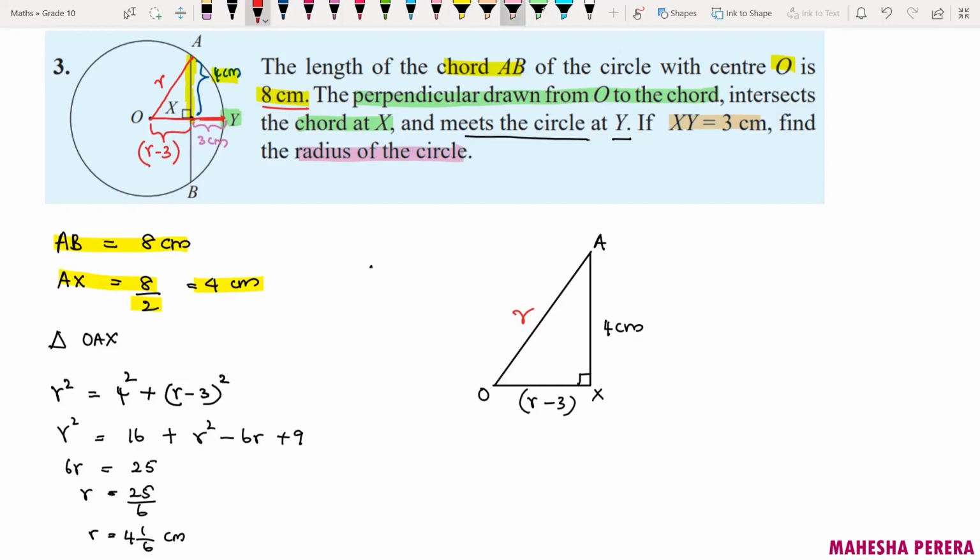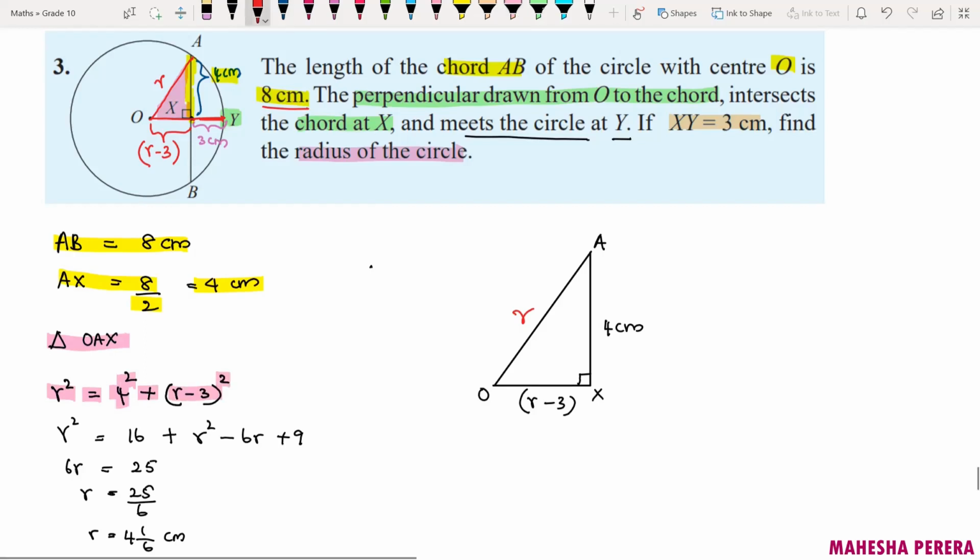Now you see there is a right angle triangle, triangle OAX. So you can apply Pythagoras theorem and find the radius now. It should be R squared equals 4 squared plus (R minus 3) squared.